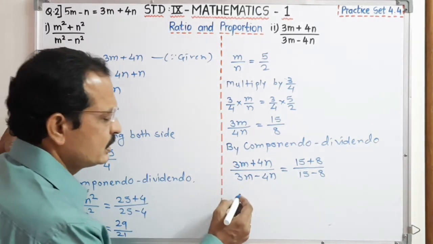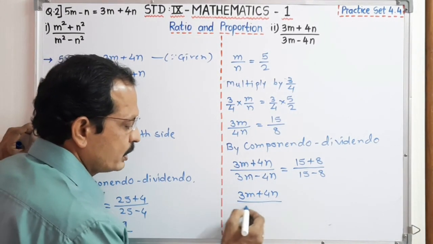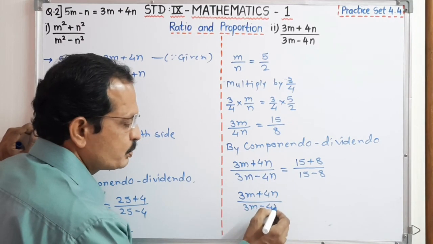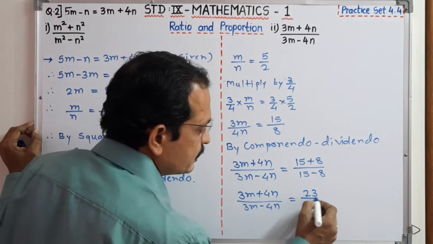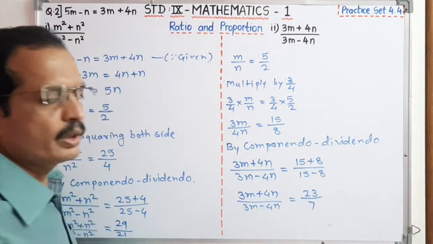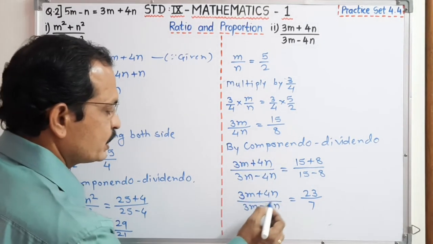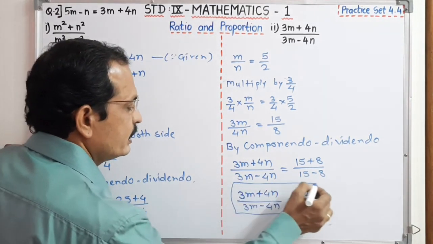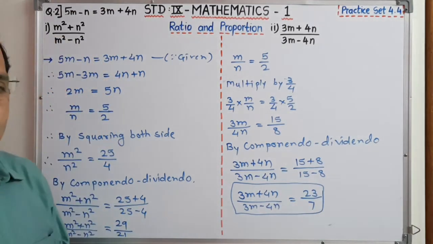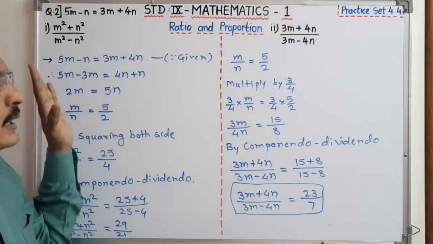Now see dear student, 3m plus 4n upon 3m minus 4n, it is 23, and here it is 7. Got it? Therefore dear student, we got the value of 3m plus 4n upon 3m minus 4n is 23 upon 7. In this way, by using componendo dividendo property, we completed the second question.